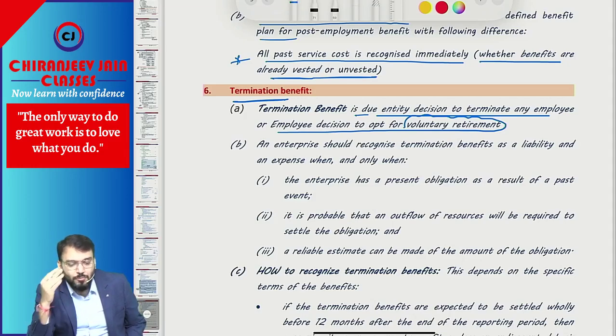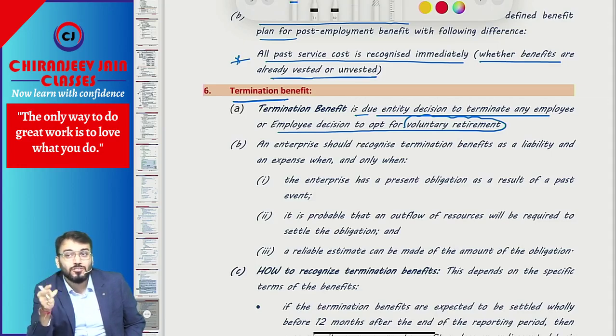Actually, what the entity wants is that old employees should go and new employees should come with fresh mind, fresh energy. Because old employees, normally in a private company, not a government company, a government company will say remain. But a private company normally thinks that after the age of 55 the brain stops working.